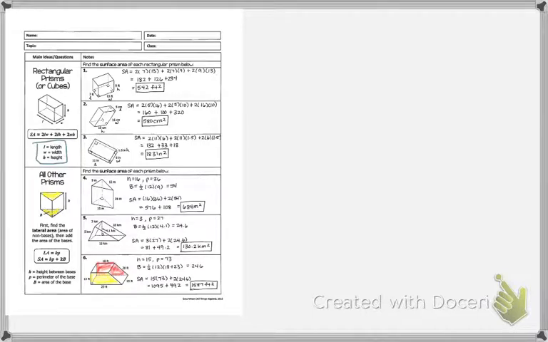Because it's a rectangular prism or a cube, more than likely you're going to need the Pythagorean theorem. But if all three are given, then you simply use this equation and plug it into the calculator. A lot of these are just plug-in type equations. You get the information, you write it out, you plug it into your calculator, and bam, it's done.